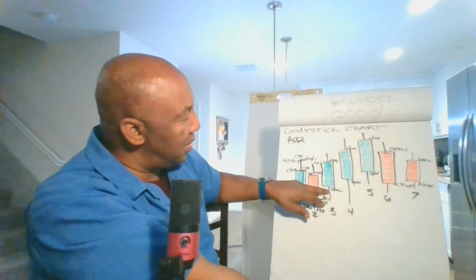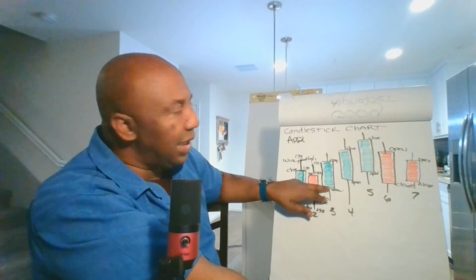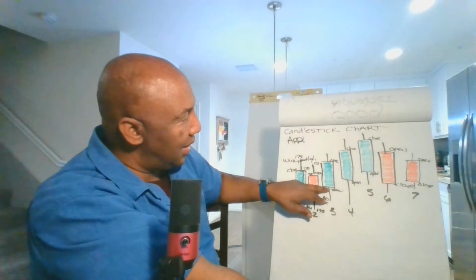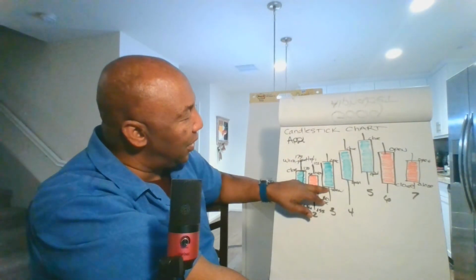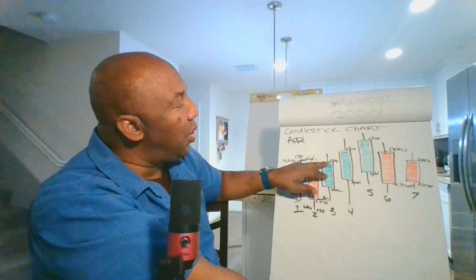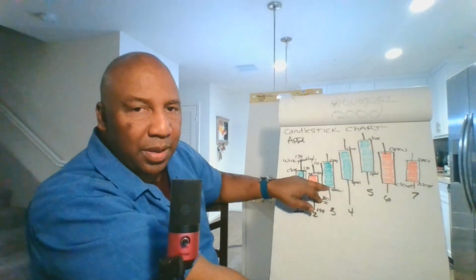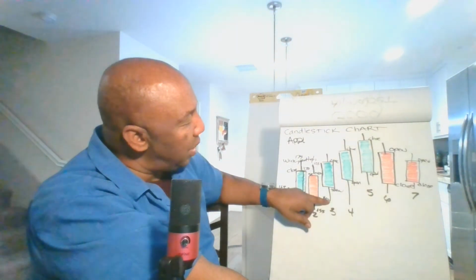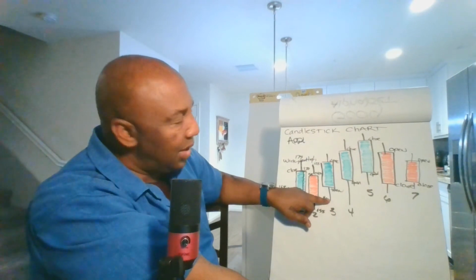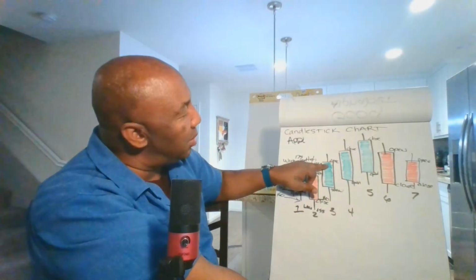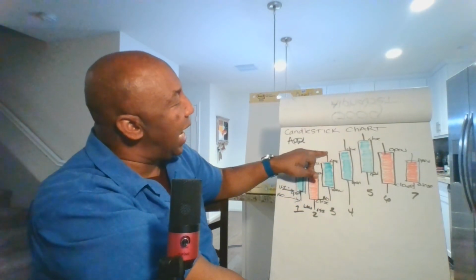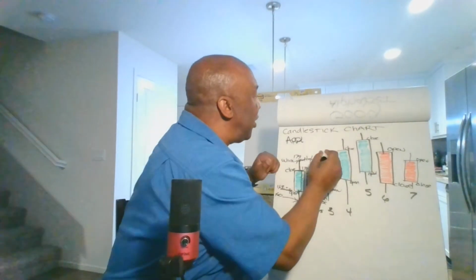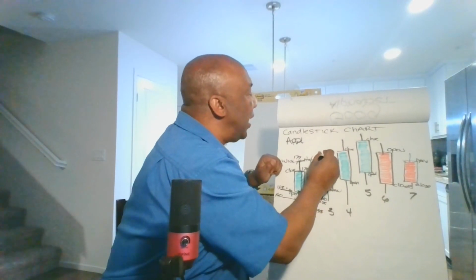Why is this green? Well, it opened here, but it closed higher than the open. When it opened, it went down first, sellers. But then it began to get momentum and buyers began to come. And then it had a high. This is the high for the day right here.